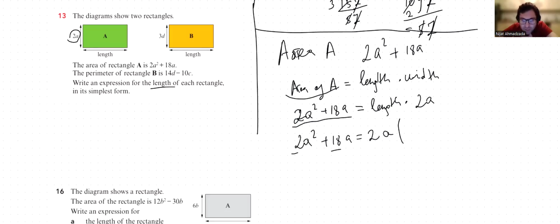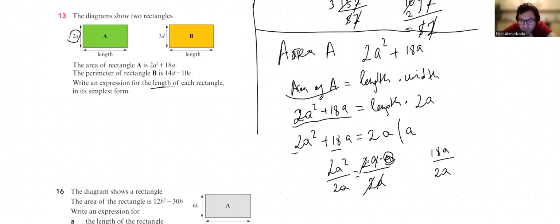So 2a squared divided by 2a is the same thing as 2a times a, because a times a is a squared, divided by 2a. The 2's cancel, a's cancel. I'm only left with a. And then 18a divided by 2a. I'm dividing both parts by 2a, right?